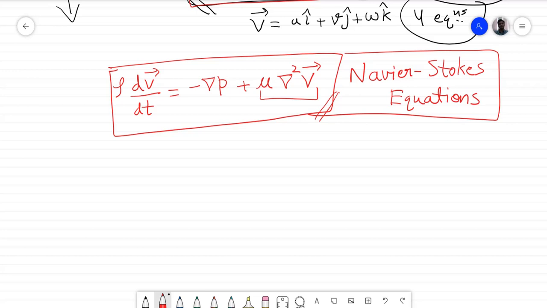We'll also see how to apply initial conditions, but the problems which require the time term are slightly more complicated than steady state problems. So we'll not be solving many unsteady state problems in this course. This is just a preliminary course in fluid mechanics. We'll solve 1 or 2 problems which are unsteady, and the rest of the things we'll see will be for steady state problems.